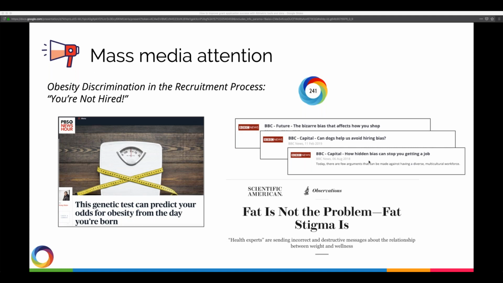And in the case of psychology research like this that's related to stigma, what's really important is that this research is getting mentioned in outlets where people like hiring managers are likely to see it. A hiring manager in your typical organization may never end up reading the paper that's published in the journal itself. They may never end up reading that original research, but the message and the conclusions of the research can be communicated via mass media, and that's what's happening here.